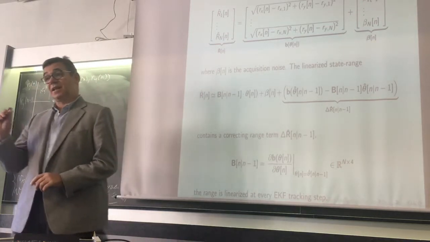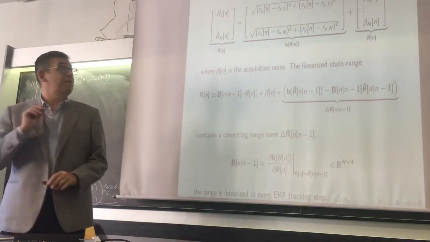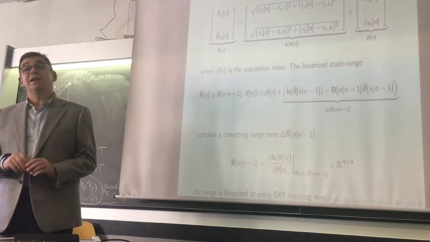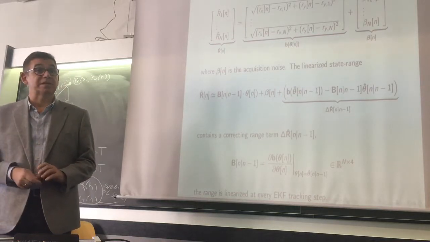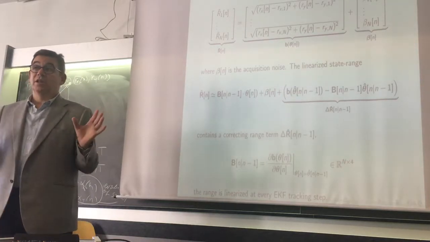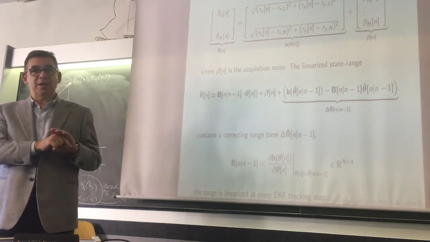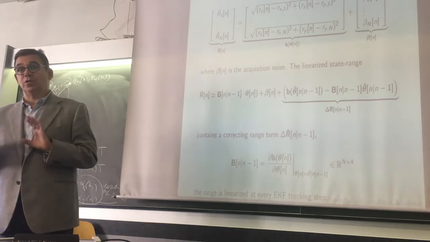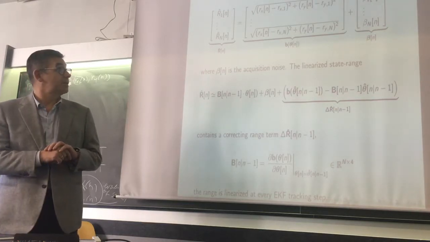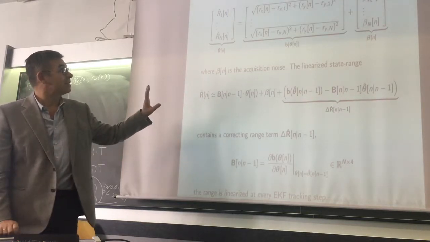So the extended Kalman filter is a Kalman filter where I linearize the relationship between the state dynamic, or the relationship between the input and output. Now this is our case.